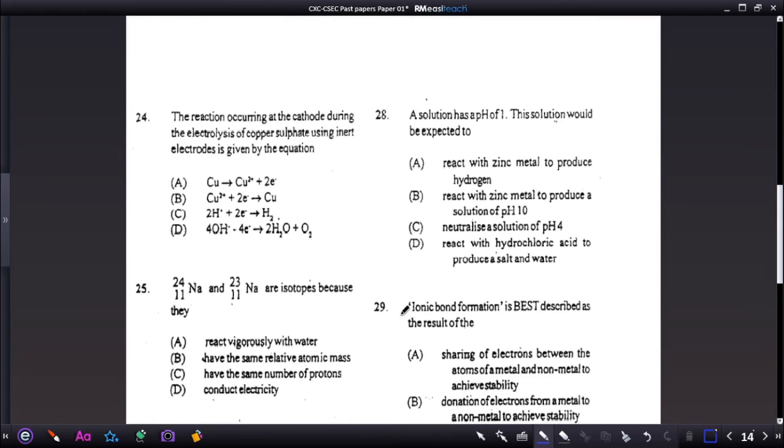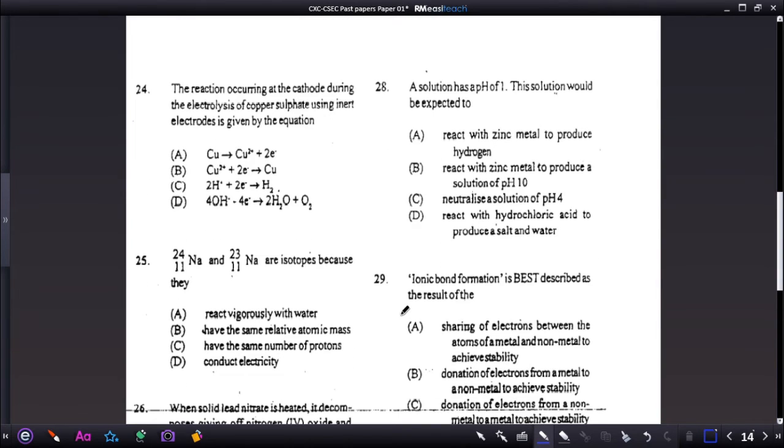Question 24. The reaction occurring at the cathode during the electrolysis of copper sulfate using inert electrodes is given by the equation. So we are looking at the cathode, and the ions that migrated towards the cathode are the copper 2+ ions and the H+ ions. Those are the ones migrating towards the cathode.